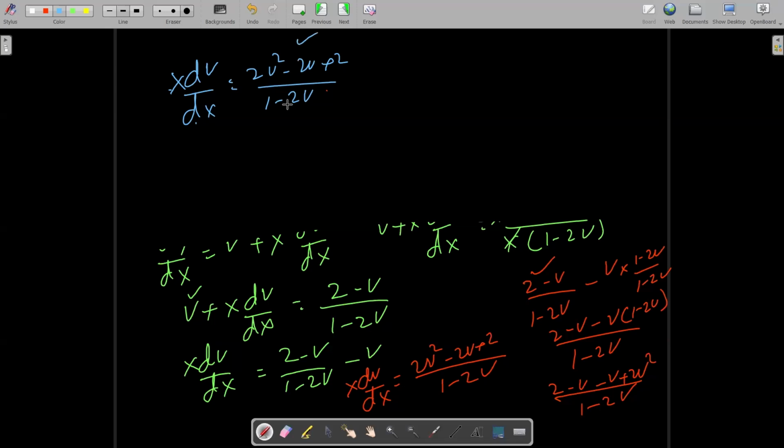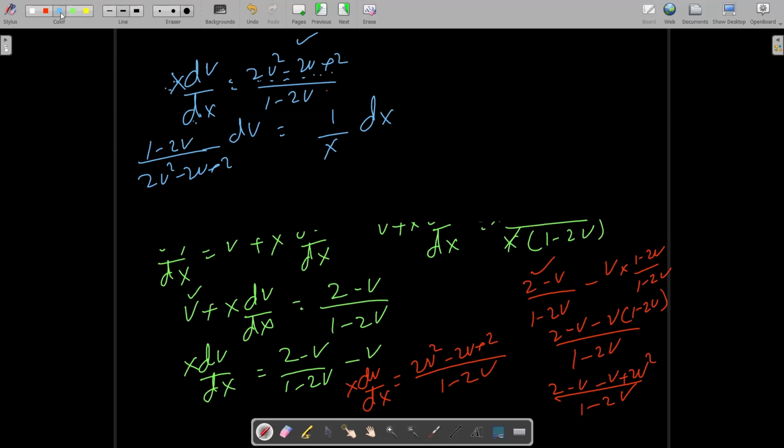When you multiply both sides by 1 minus 2v, you get 1 minus 2v there, and dividing the top on both sides, you get 2v square minus 2v plus 2 dv. This dx is multiplied on the right side, and this x is divided on the right side, 1 over x dx. So we are done with the separation of variables. Now we have to apply the integral on both sides and solve for that.